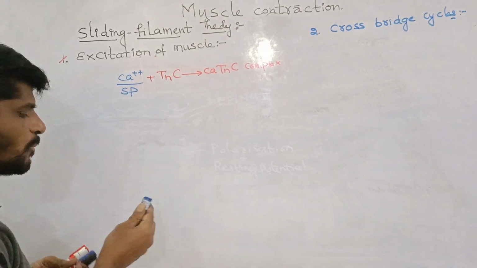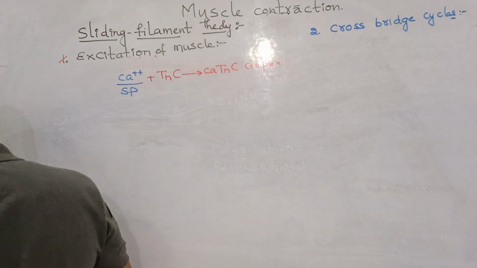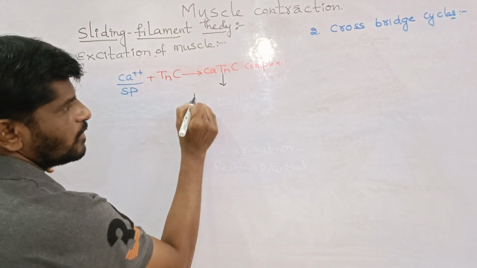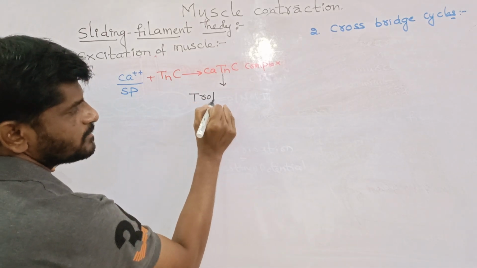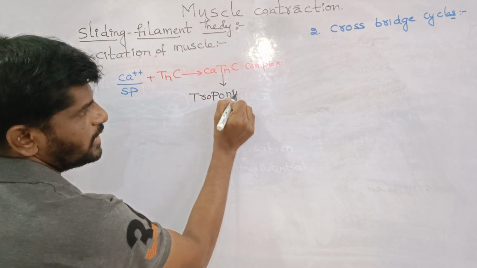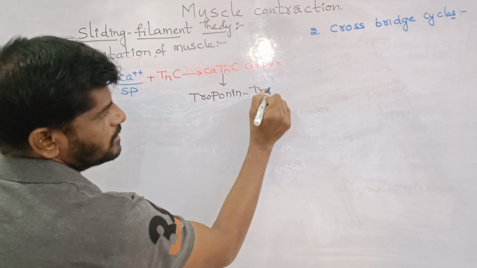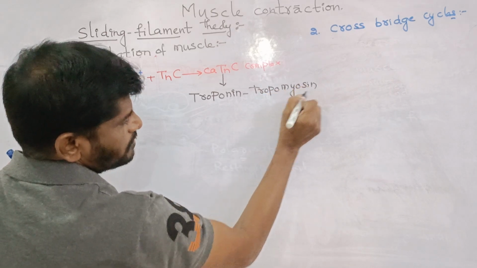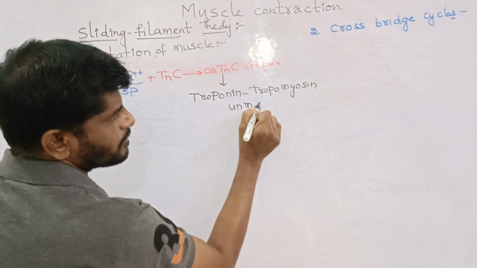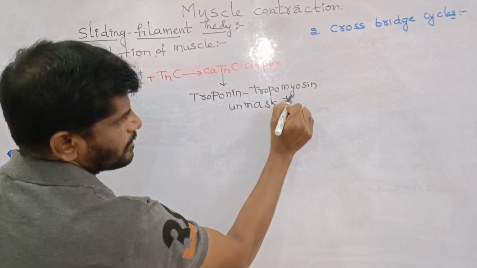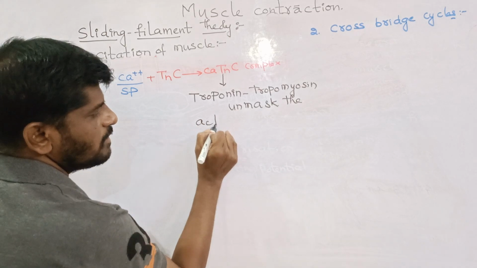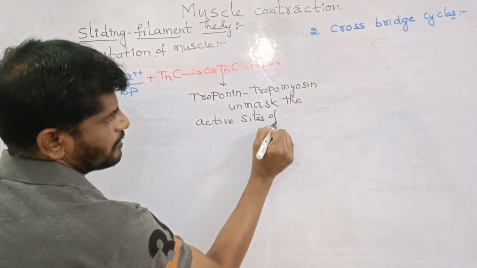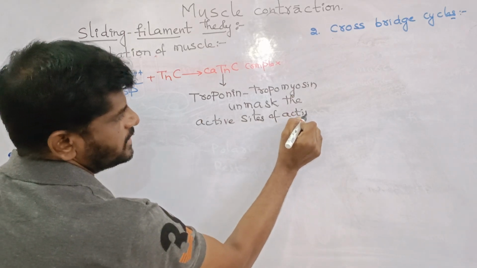Because of the calcium troponin C complexes, the troponin and tropomyosin unmask the active sites of actin.